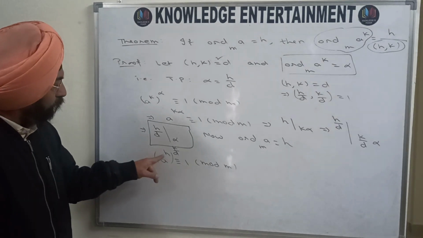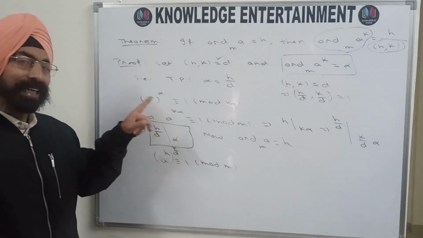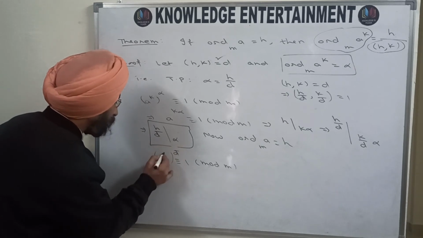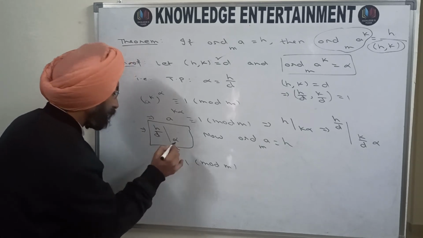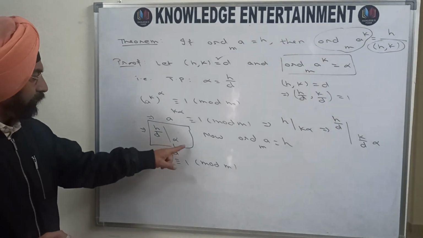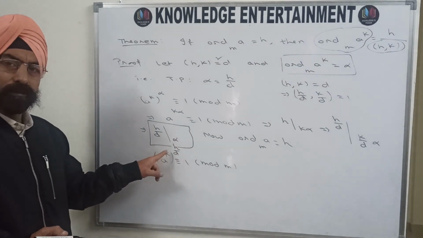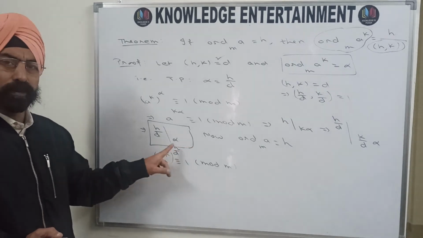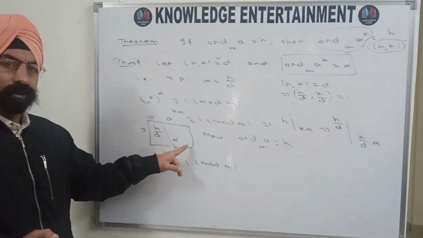Now a raised to the power h power k by d can also be written as a power k power h by d. I have just replaced because there is a multiplication, so it can commute.